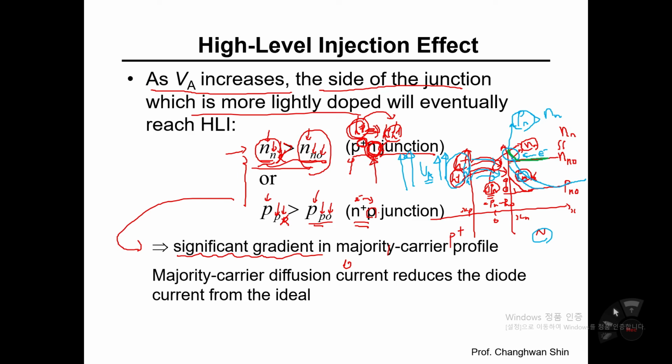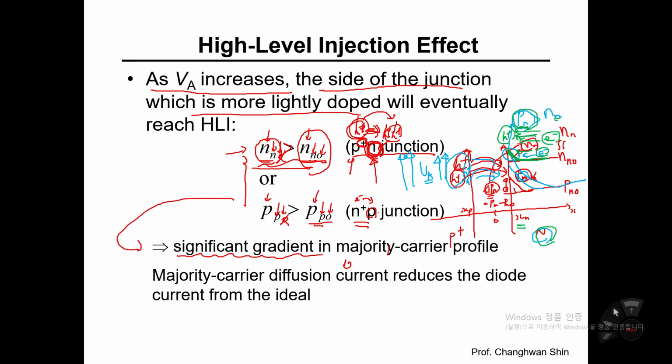Instead of a straight line, n sub n, which I previously used, once p sub n is higher than n sub n, many electrons would be diffused toward the edge of the depletion layer to compensate the injected holes. Simply speaking, because many holes are injected at x sub n, the edge of the depletion layer, many electrons in the n-type material would be induced toward the edge of the depletion layer.